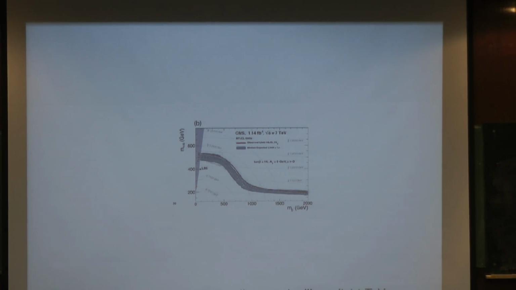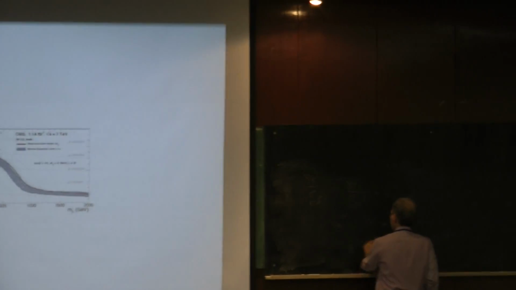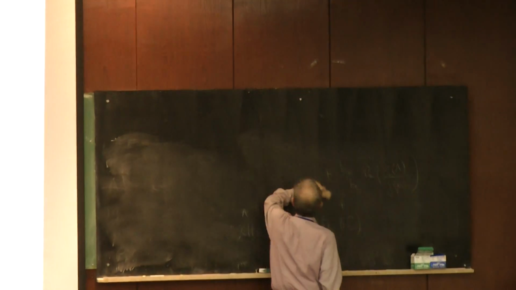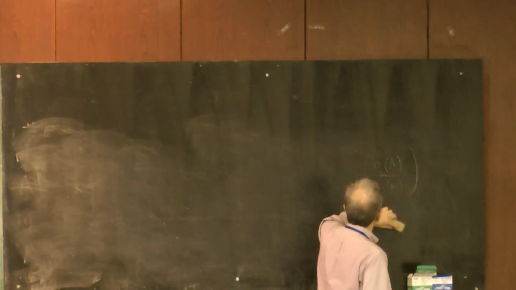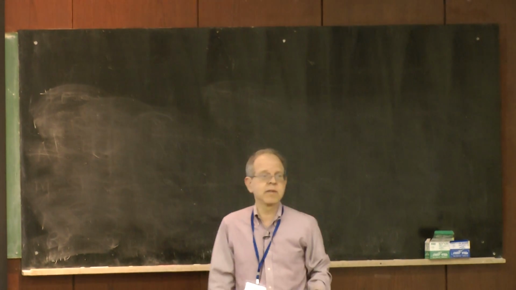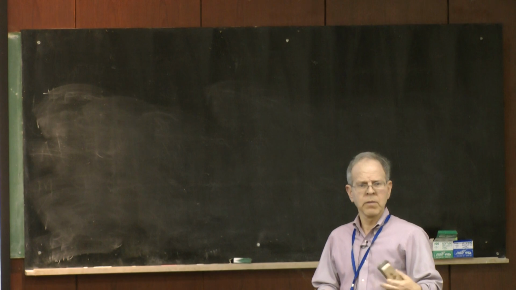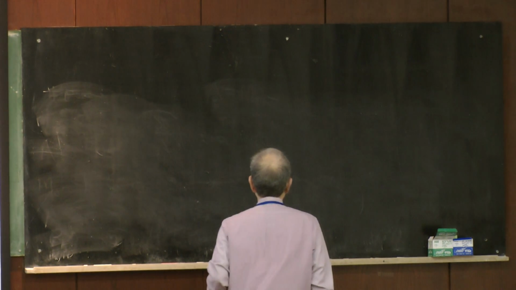So let me talk a little bit about the constraints on these soft breakings. One is just this overall scale of a TeV. When these plots are made, they're all made with some assumptions about what the underlying model is, and one of the things you certainly want to do is look at those assumptions and ask what things you might give up, what things you don't think are that well motivated.